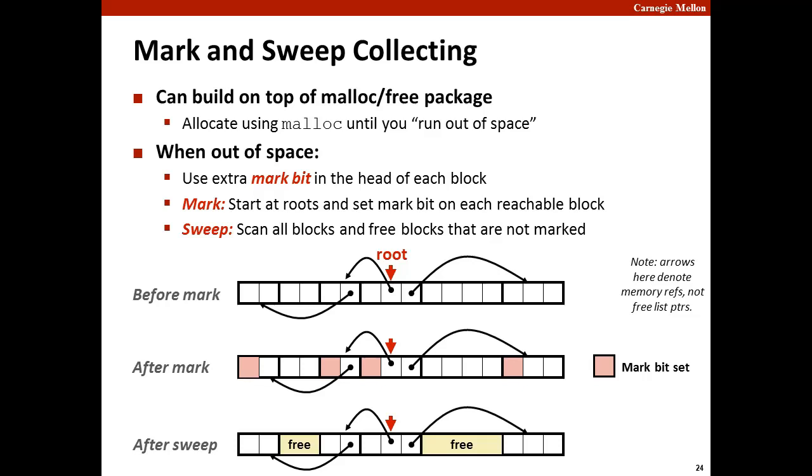Okay. And notice that the strategy here says allocate using malloc until you run out of space. Once you run out of space, there's no cost to this because you couldn't do anything anyway. So if your program delays while you mark and sweep, that delay is better than dying. Right? It's better than malloc returning null.